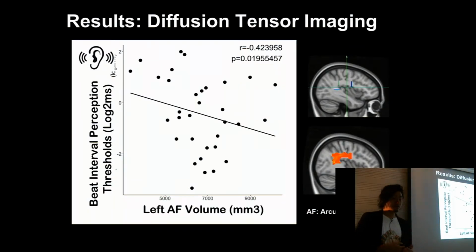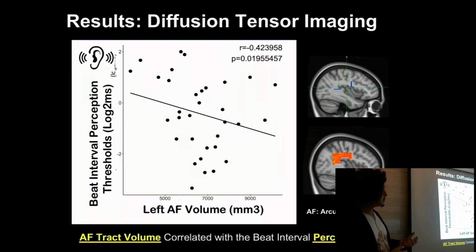We did find a significant correlation between the two measures. So maybe the perception may be related to the temporal-frontal structural connectivity. AF tract volume correlated with the beat interval perception.